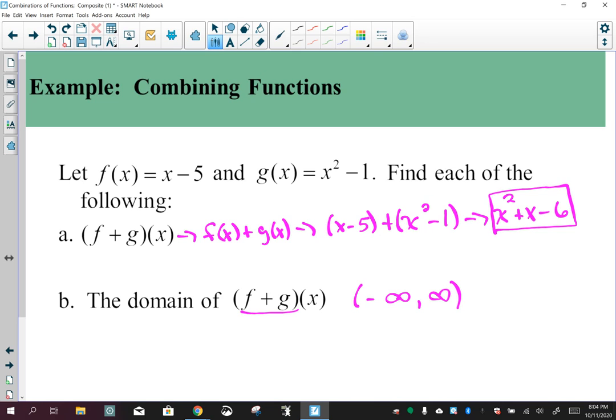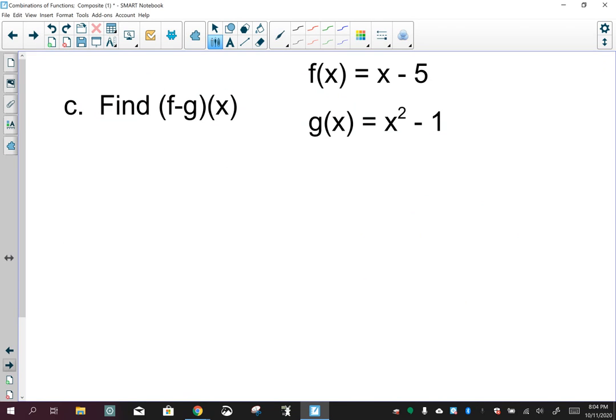All right, let's keep going. So we added, now let's subtract. So I've got f of x minus g of x. That's going to give me x minus 5 minus x squared minus 1. I'm going to clean this up.